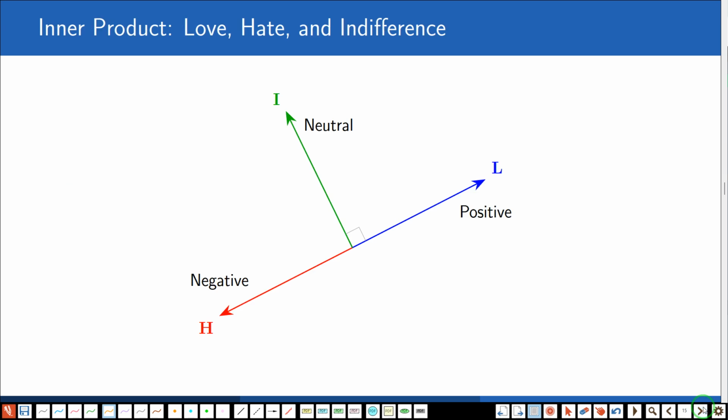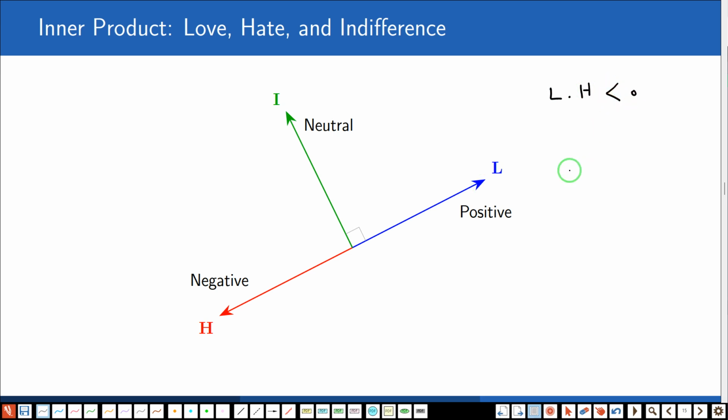For example, let's assume that this vector is simply love. Love is an emotion, and the opposite of that is hate. It is in the opposite direction. If we calculate the inner product between love and hate, it must be a negative number.